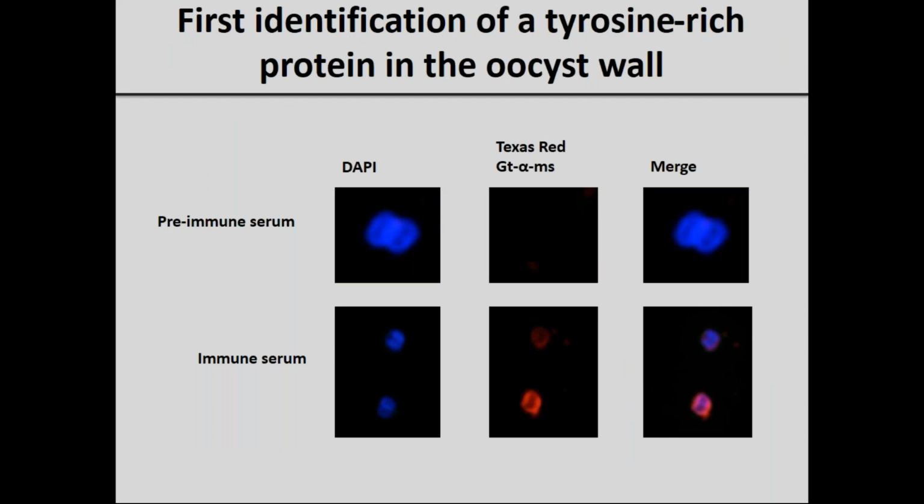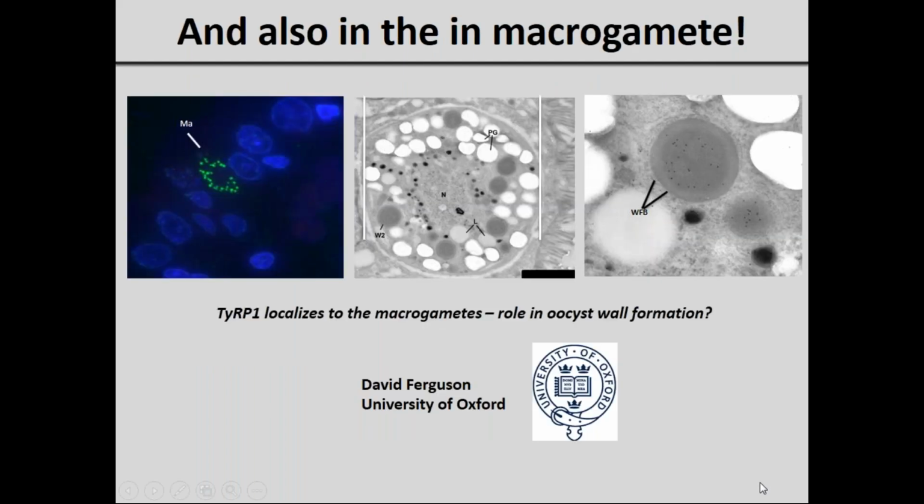And I developed an antibody to one of these tyrosine proteins and found that they are, in fact, abundant in the wall of the oocyst. So this is immune serum binding to the oocyst. And then they also located to these wall-forming bodies within the macrogamete, and that, remember, is the oocyst stage that is forming in the feline intestine.